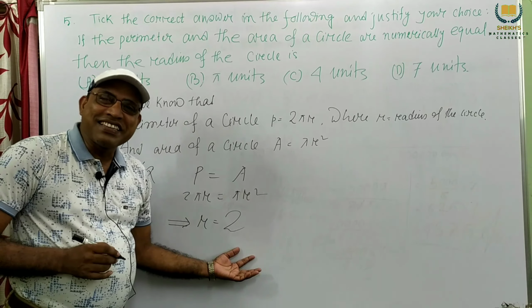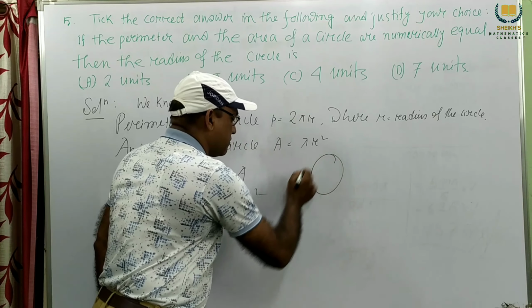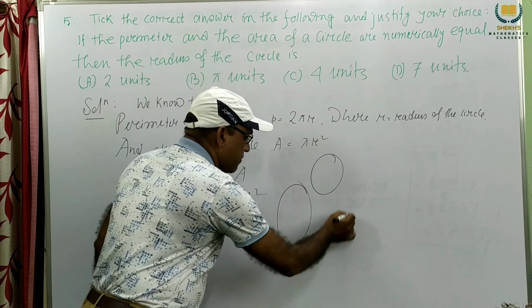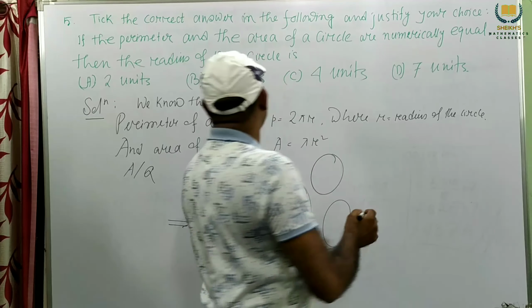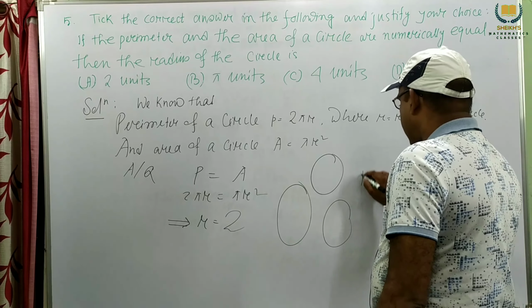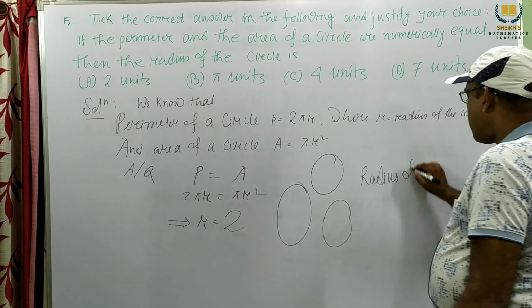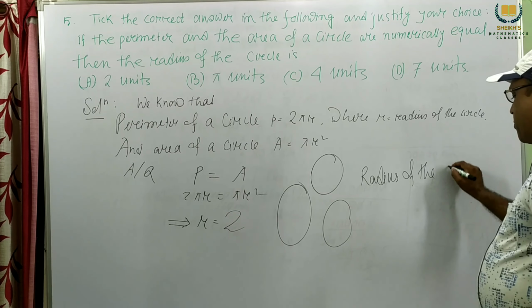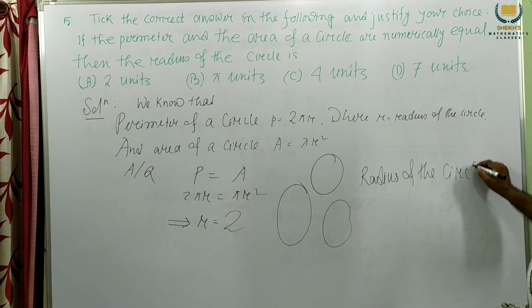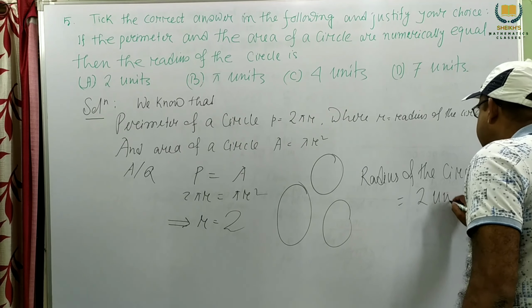Therefore radius is 2 centimeter. Therefore, the radius of the circle equals 2 units.